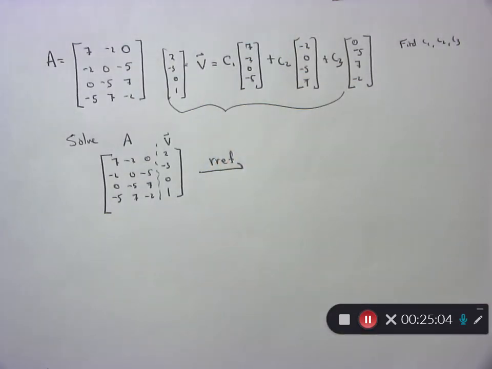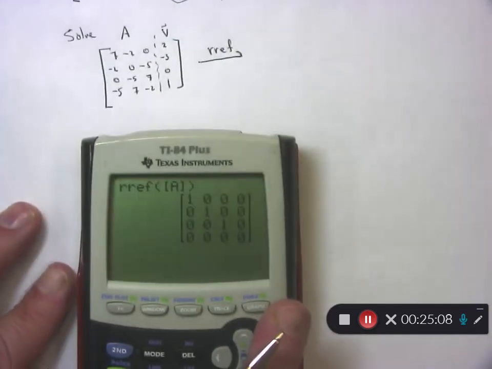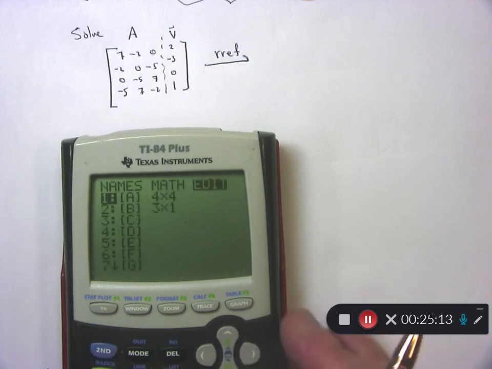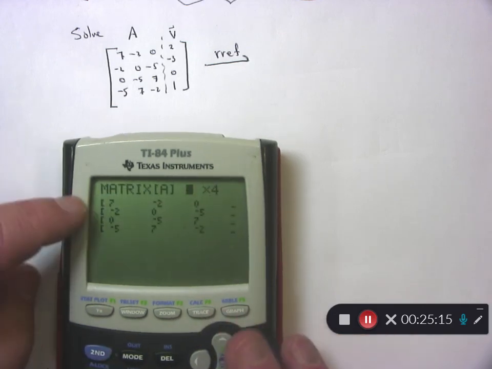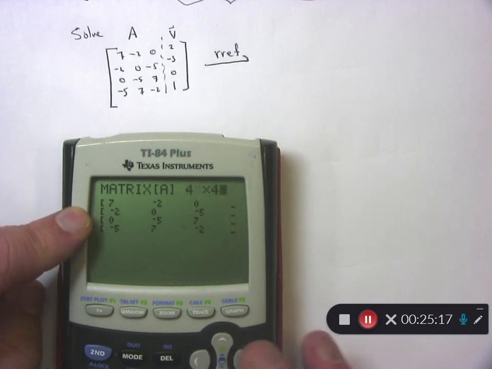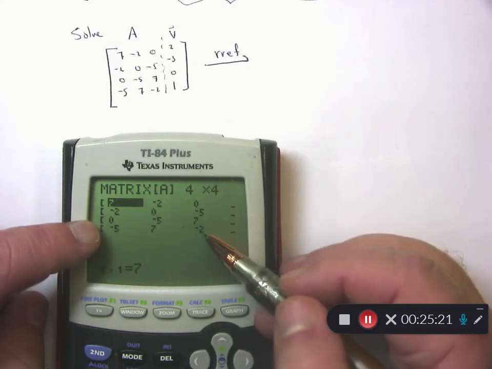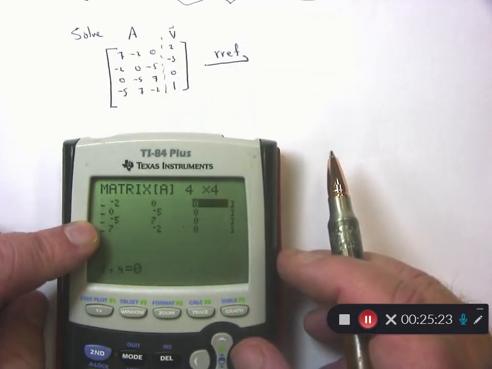Okay, so let's do that. Calculator again today. I'm going to go back to matrix, edit A, because there's my A matrix, except now it's 4 by 4, since we're augmenting it. There's the 4 by 3, there's matrix A there. So I need to come over here where these zeros are.